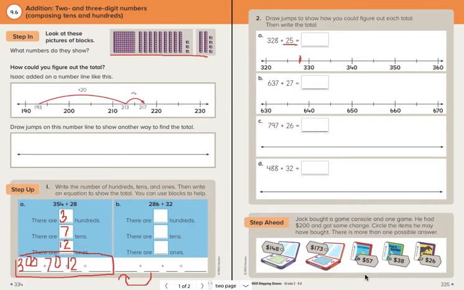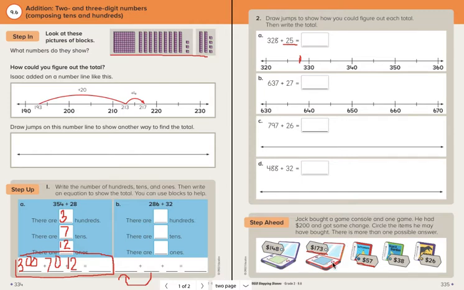Okay, so if we look at the game console that cost $173, and then we buy the most expensive game that's $57, would he get any change back if he only had $200? No, he wouldn't even have enough for both of those two things together.